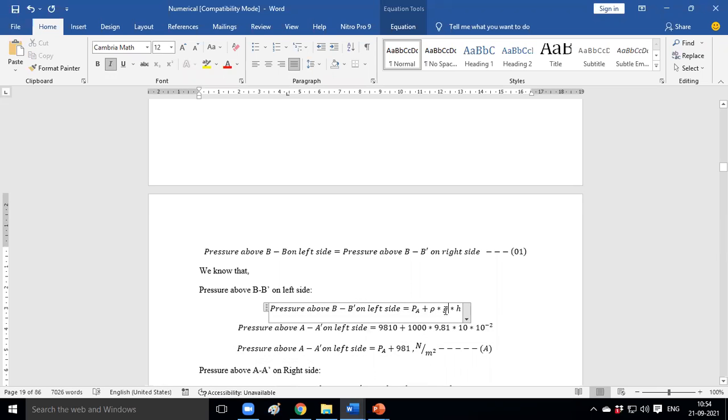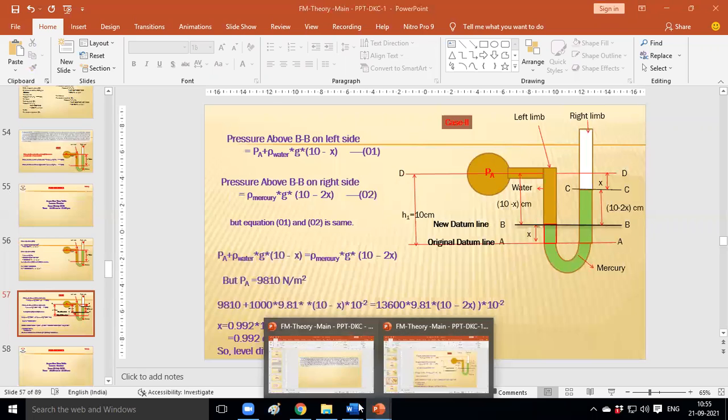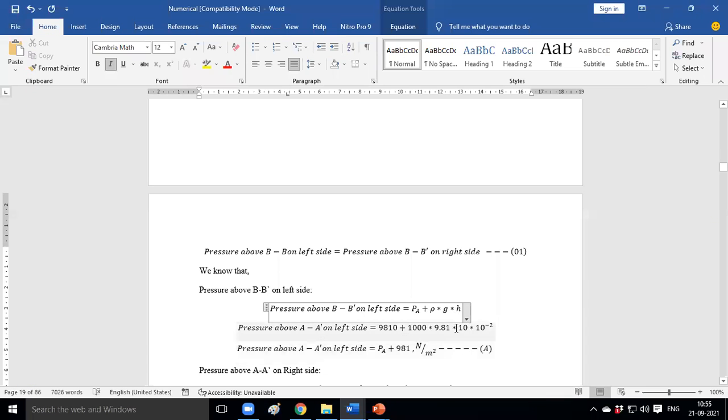G is 9.81, and H is replaced by what? The height is 10 minus x. Is it clear? This h is replaced by 10 minus x.